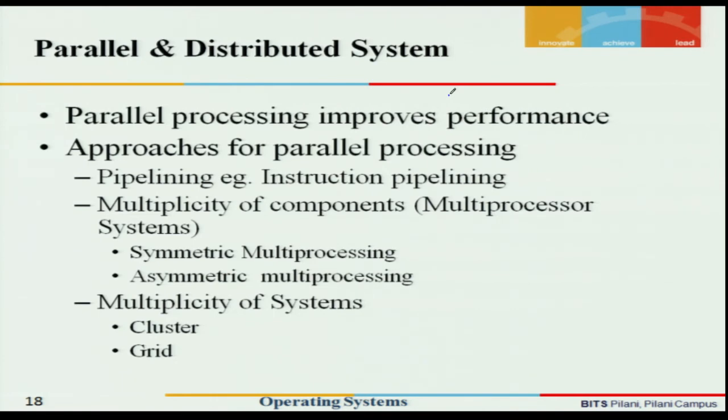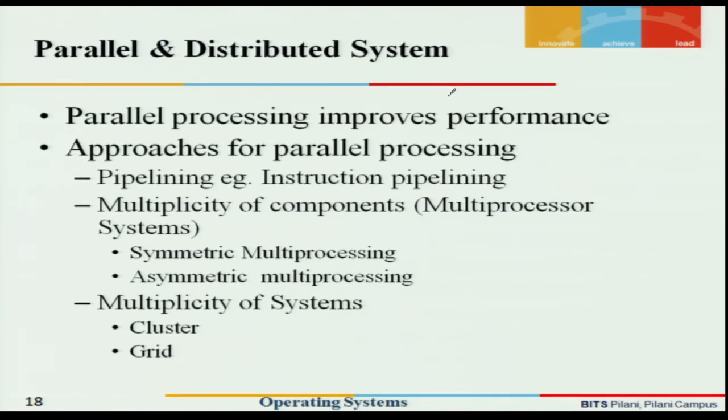So we have seen a system being built using multiple components. In a given system, here we had multiple processors. In case of a multiprocessing system, we are actually using multiple processors, but we have a single system, a single computer, whereas nobody stops us from using multiple computers for getting a job done.